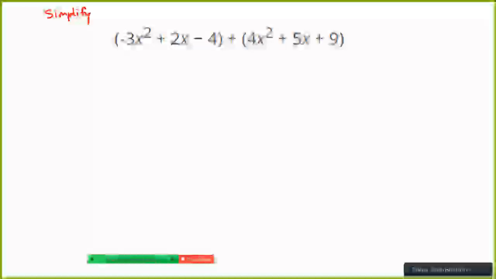Negative 3x squared plus 2x minus 4 plus 4x squared plus 5x plus 9. So take a shot at adding these together, and when you're ready to share, or at least tell me what you do know about the question, tell me that in the chat or with your mic, and then we will answer it.